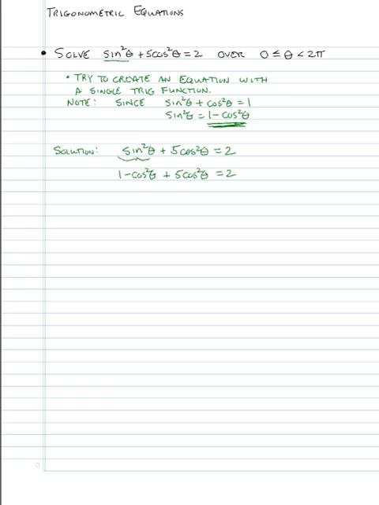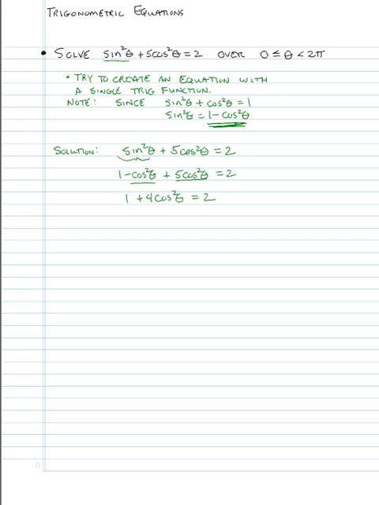Now, we can combine the cosine squared thetas. We have a minus 1 of them here, and a positive 5 of them here. So negative 1 plus 5 is 4. So this is 1 plus 4 times cosine squared theta equal 2.